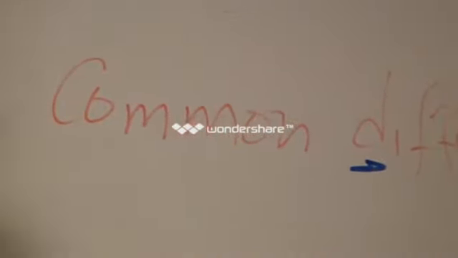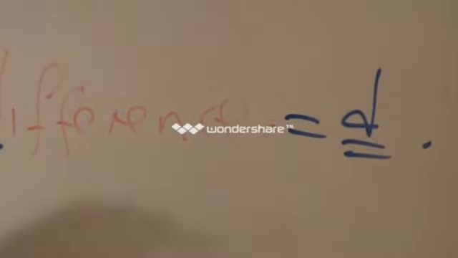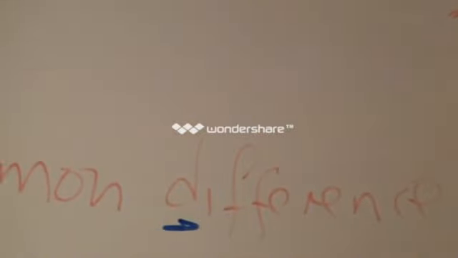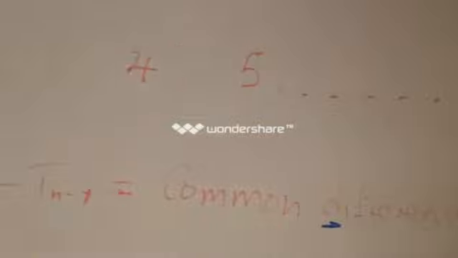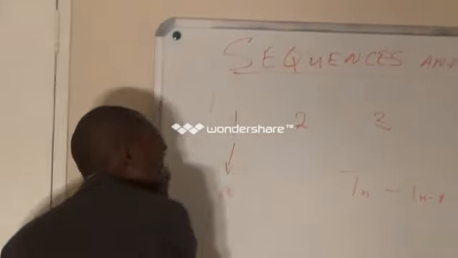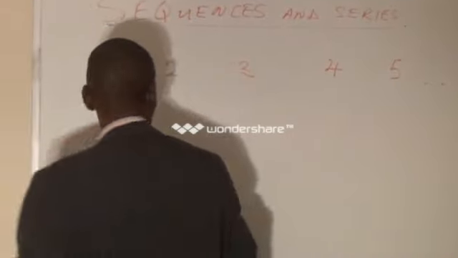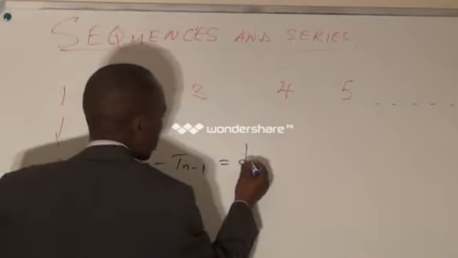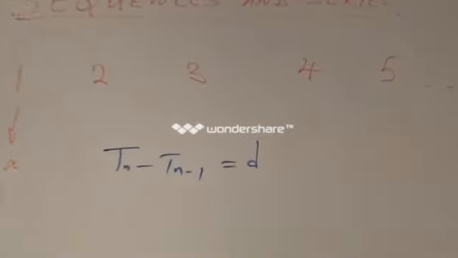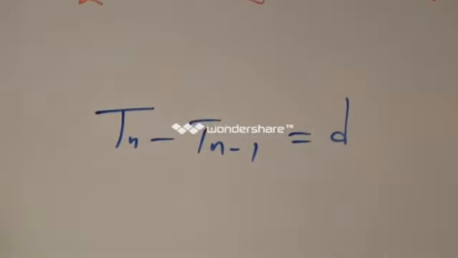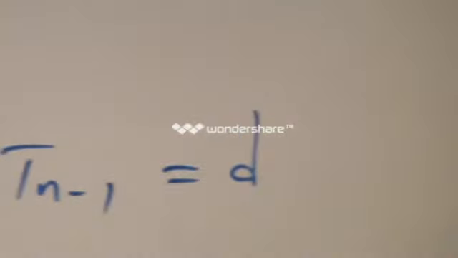One term minus the term before it, in this particular case, will give you a common difference D. In this case, our common difference D is equal to 1, because every time we subtract a term from the term after it, we get 1. So we've just introduced something else: D, the common difference. Second parameter that we actually talk about whenever we talk about sequences.